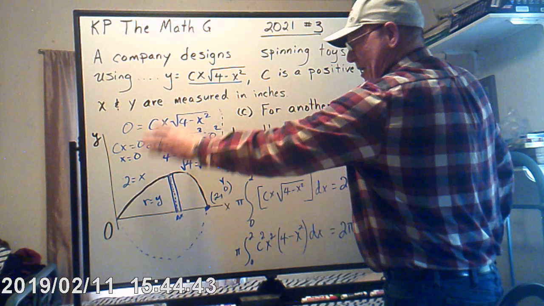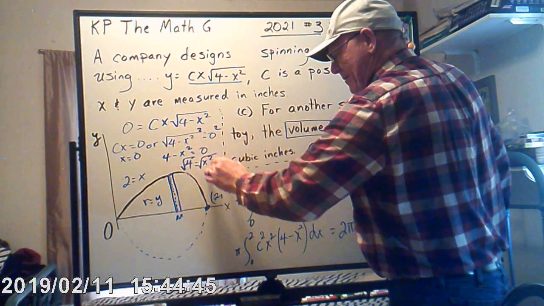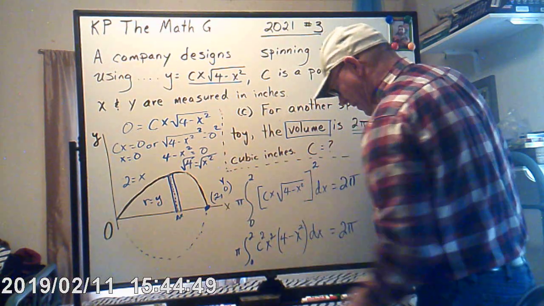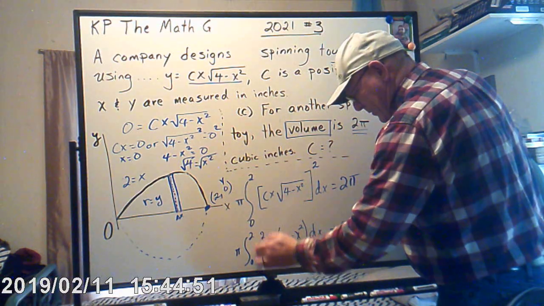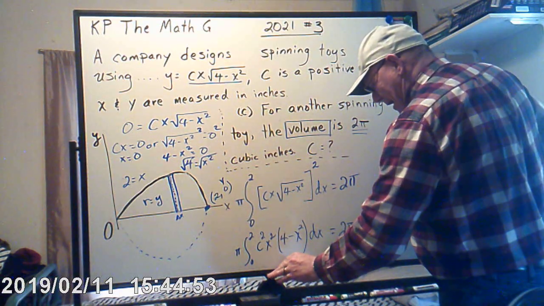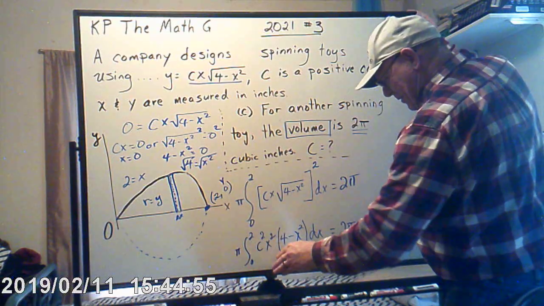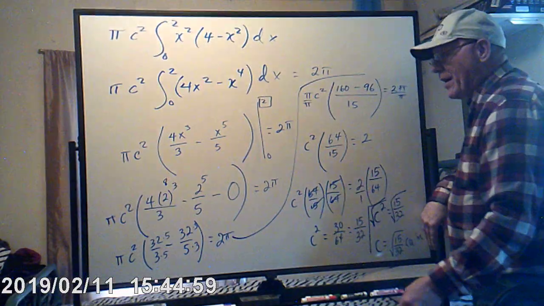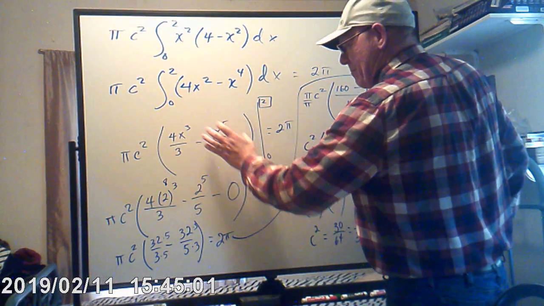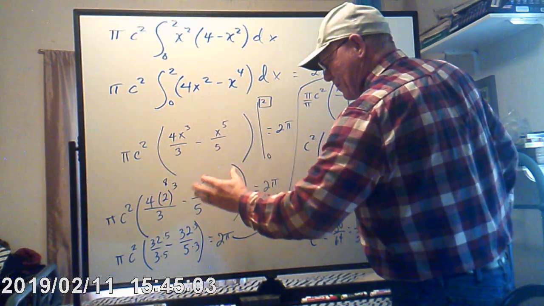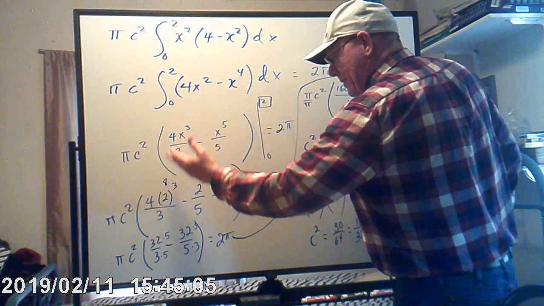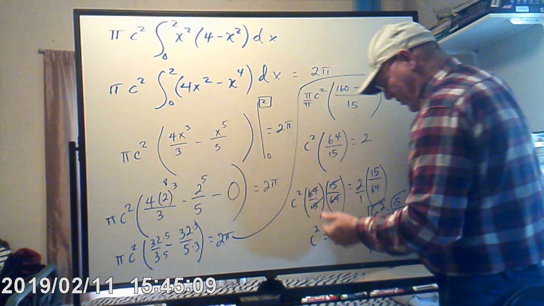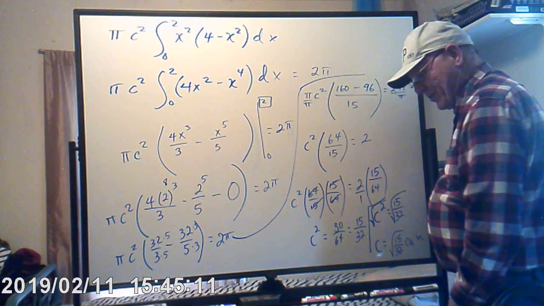We already solved these, and we did this algebraically. We know this value is 2, so from 0 to 2. Now it's a matter of just doing the arithmetic and integrating. Once you do that, you just have to remember how to integrate this properly, then plug the 2 and the 0 in there, and then solve, and you come up with c.